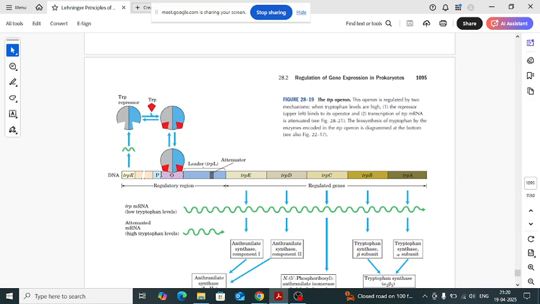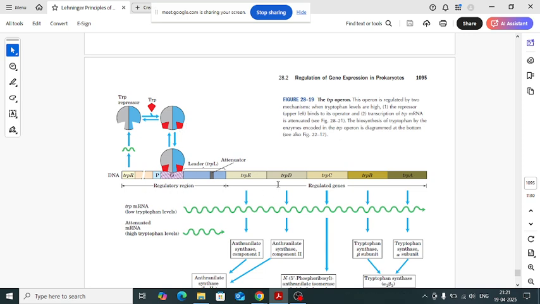So RNA polymerase will not be recruited, so no expression. Right? So when the tryptophan level is high, this trp repressor will get access to the tryptophan, and this will bind to the promoter region, right?